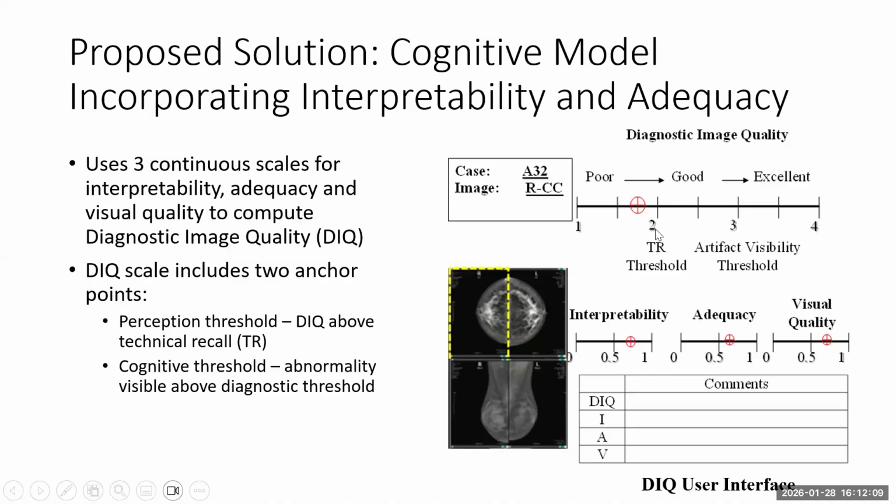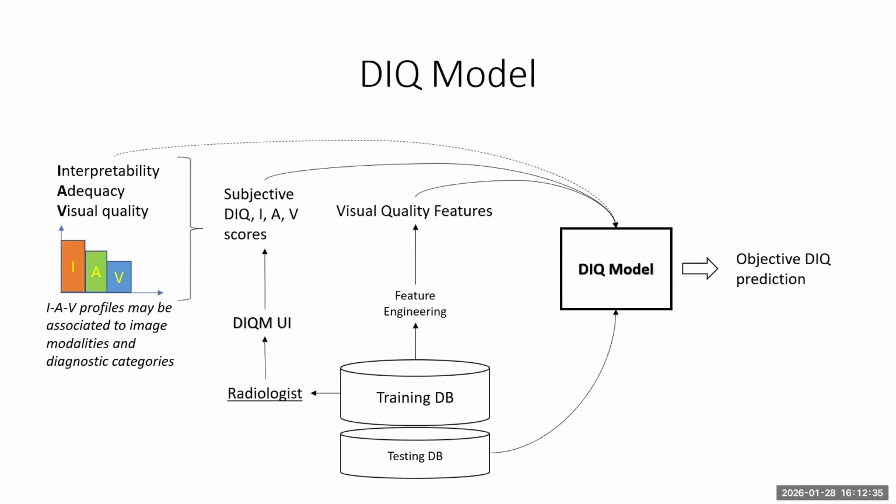So we call that a quality 2 or level 2. And then level 3 is when you actually see the artifact, the abnormality in the image. That's when you can say, yes, this is a good visualization of the image. So we tried to elicit that and said, how about we develop an interface like this to collect our data to train a model?